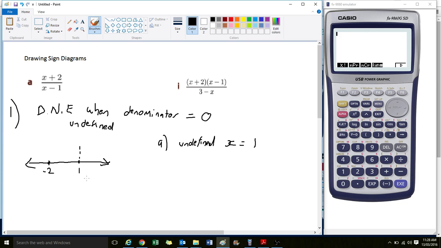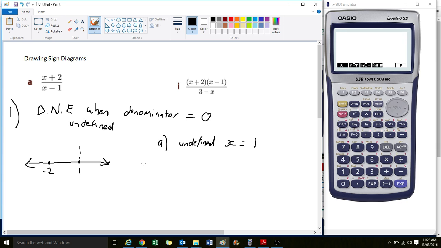Then we need to find out if the function is positive or negative between here, over here, and over here. The way we do that is we choose a number in each region. For the region between minus 2 and 1, we choose a number between these two points. 0 is a nice, easy number to deal with.